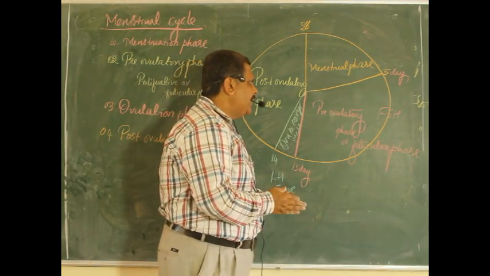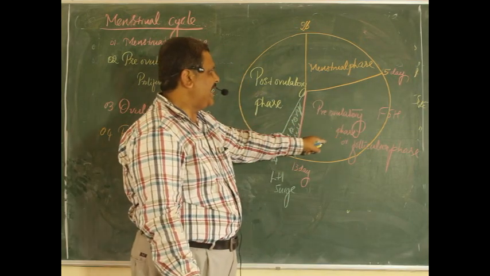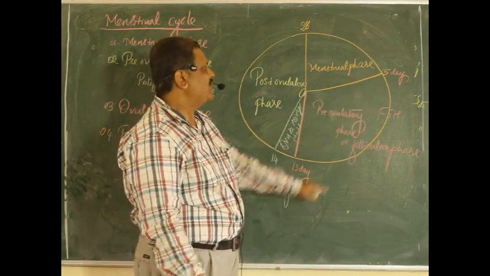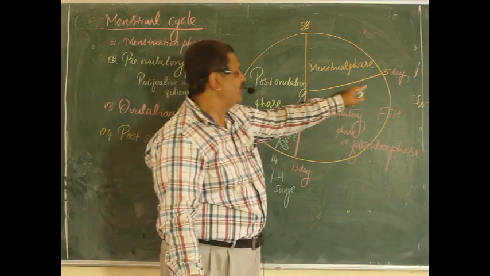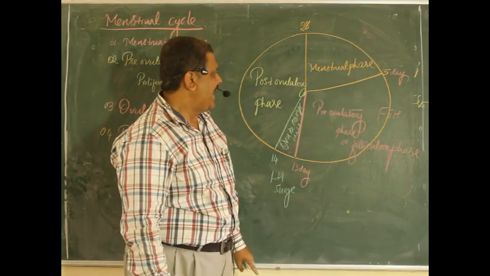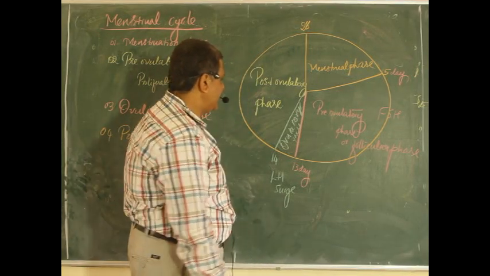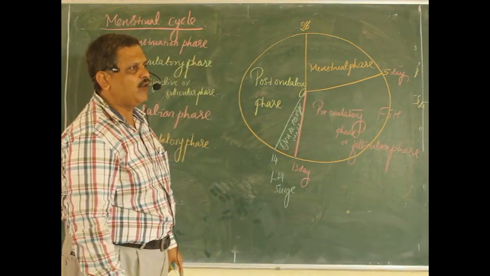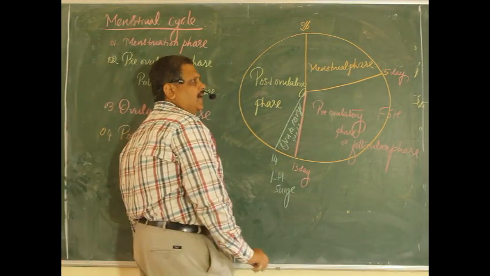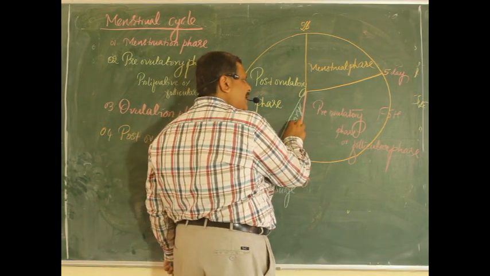After that, in the ovary, the follicles will grow continuously under the influence of follicle stimulating hormone, from the 5th day to the 13th day, and it is called the follicular phase. After that, the mature Graafian follicle will release the egg or the ovum, and that process is called ovulation.